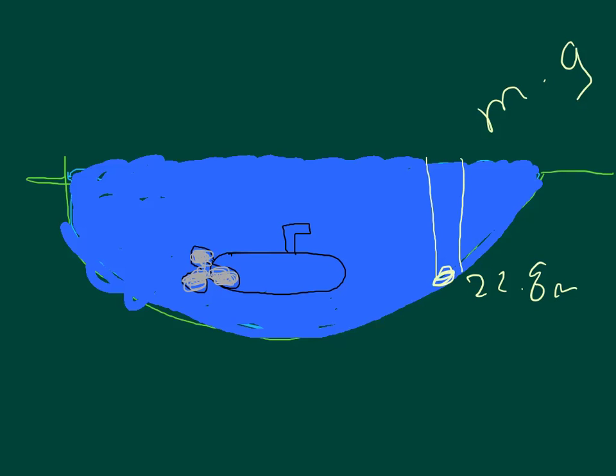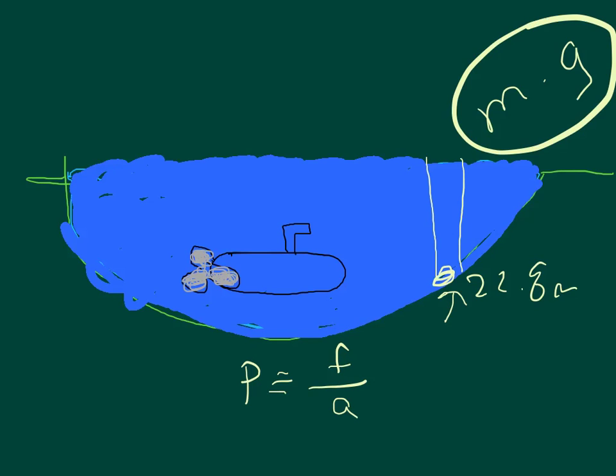So the question wants to know the pressure. What's the pressure right there? The average pressure is equal to the force divided by the area. And we can break down the force as mass times gravity. So this is mass times gravity divided by the area.